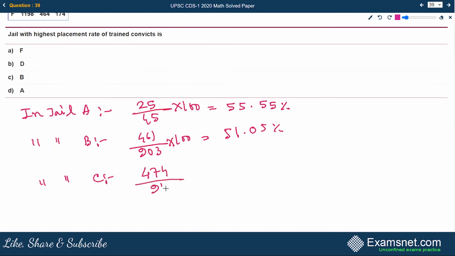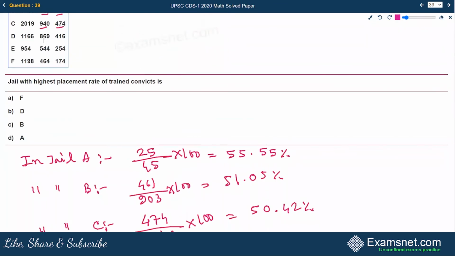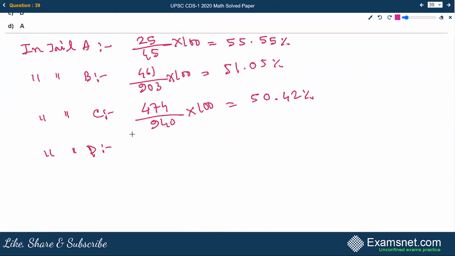474 by 940 multiplied by 100 will give the value 50.42%. In jail D, among 869, only 416 convicts got the placement. So 416 by 869 multiplied by 100, that is 47.87%.